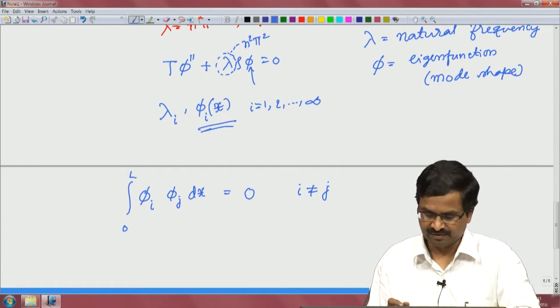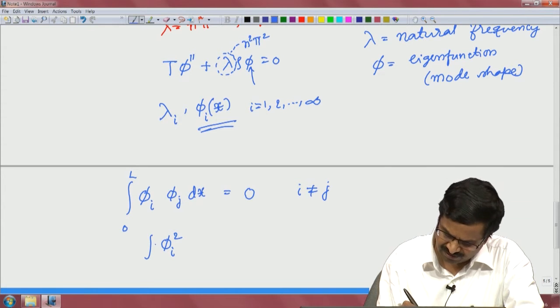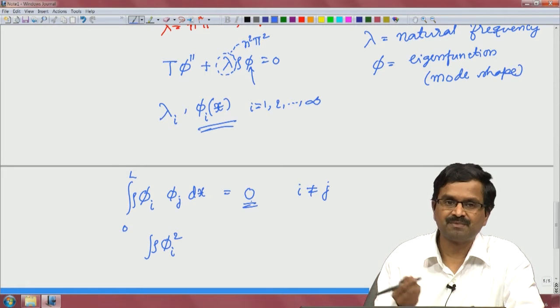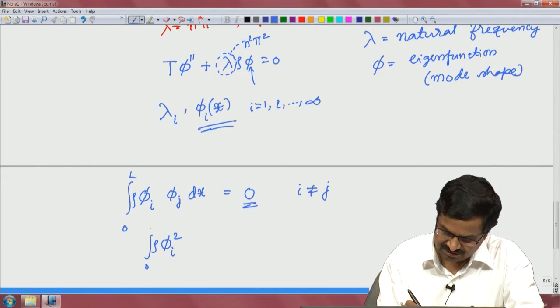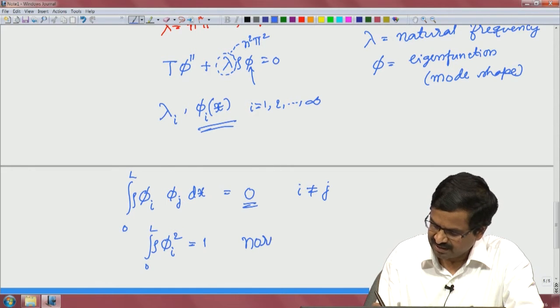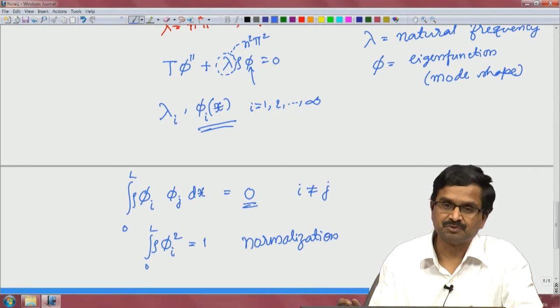If i equal to j, then I can have a normalization, as we call it. So, if I say phi i square, I will also multiply rho here. That is just a convention. Something is 0, does not matter if you multiply. I do this from 0 to L to be equal to 1. This is the normalization condition, because mode shapes or eigenfunctions can be of any amplitude.